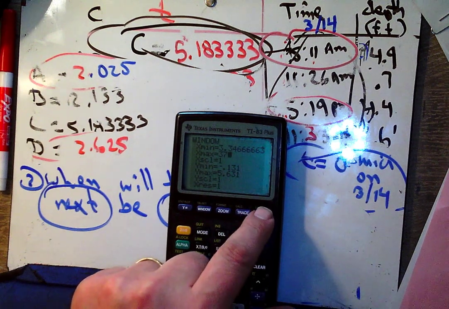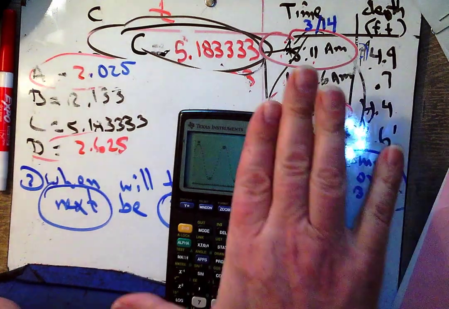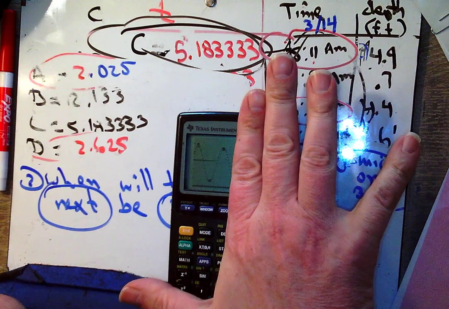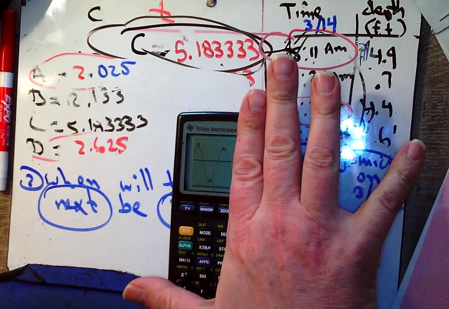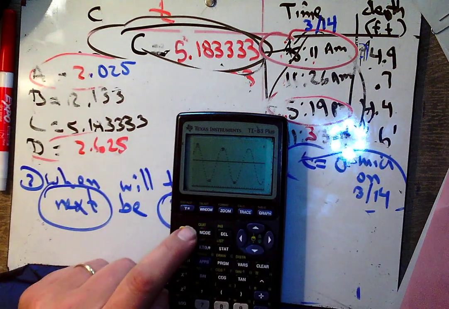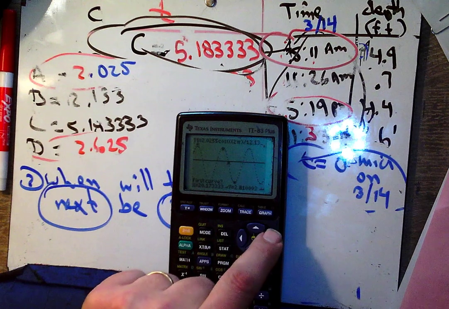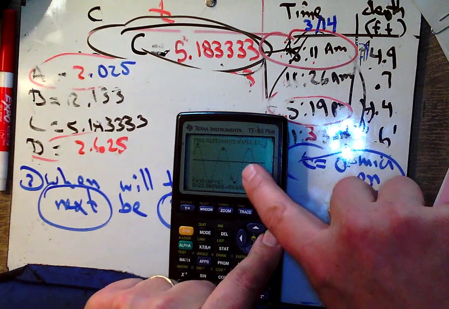Let's add half a day. Because anything before that point is not next. Next is this one. Okay. So I can calculate intersect, and I'm looking for this point of intersection.